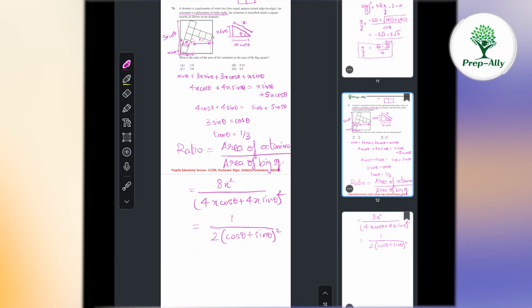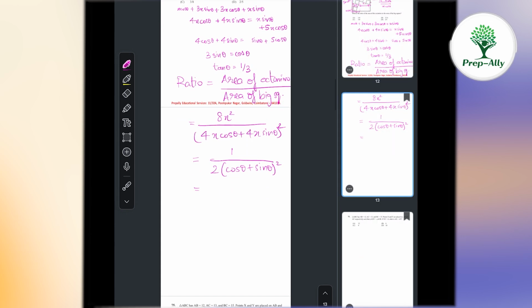So can we write this in terms of tan theta? What if we took cos theta common from the denominator? We'll get 1 by 2 cos square theta into 1 plus tan theta the whole square.